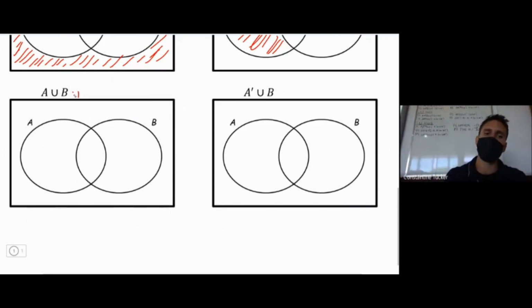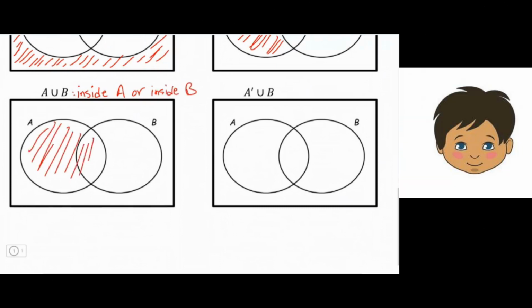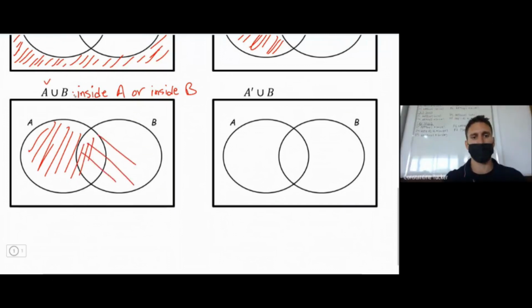It's the same example I was using in the beginning. It's like saying, am I going to be in Rio de Janeiro or in Sao Paulo? So what do we do in these cases? Exactly. So we shade all of A. Then, and also in B, we shade all of B. And then we are done. So we shade one of them, then we shade the other one. Union works this way.